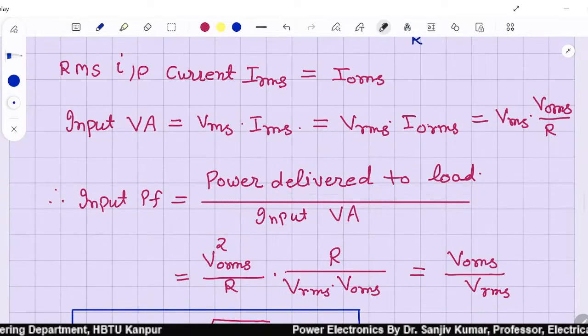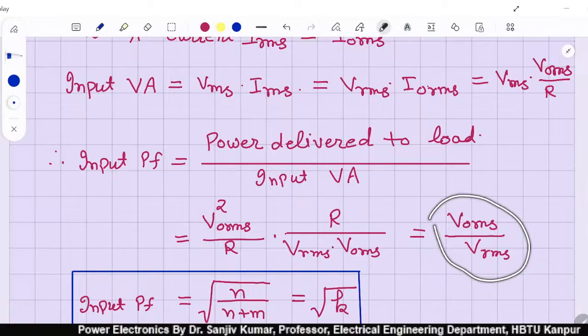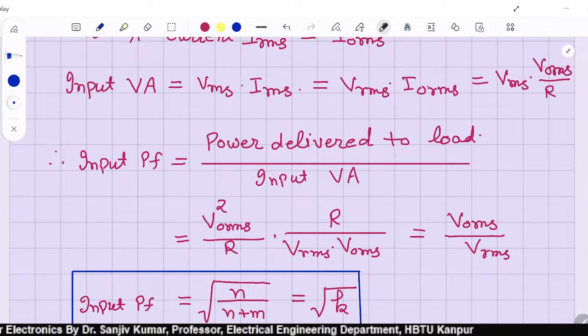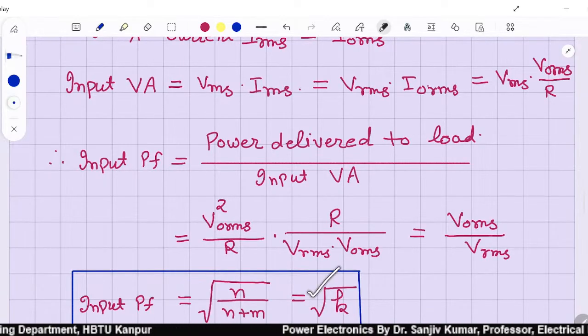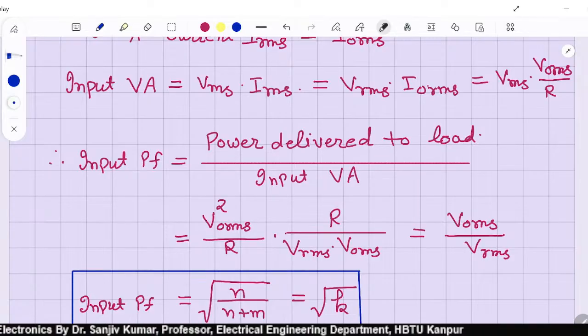Just put this value, and we get the input power factor as Vo RMS upon Vrms, which was also coming in the case of an AC/DC rectifier, if you remember. After putting this value, we get the input power factor as under root K.